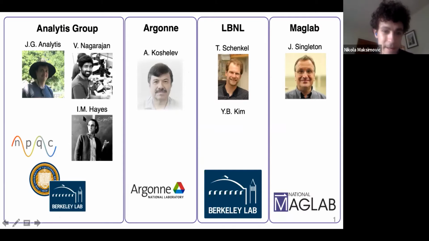Vikram Nagarajan and Ian Hayes, the next speaker, were instrumental for the crystal growth and also data collection in this project. Alex Koshalev at Argonne did much of the theoretical modeling that I'm going to discuss. Thomas Schenkel and Yunbei Kim from Lawrence Berkeley Lab were involved in this disorder experiment that I'll discuss. And then John Singleton at the Mag Lab was basically there for all of the data collection in pulsed field.